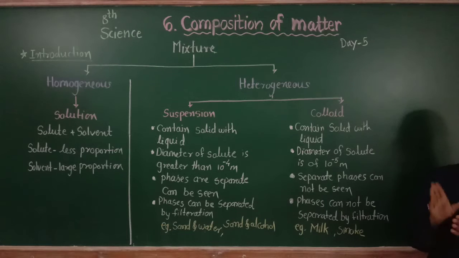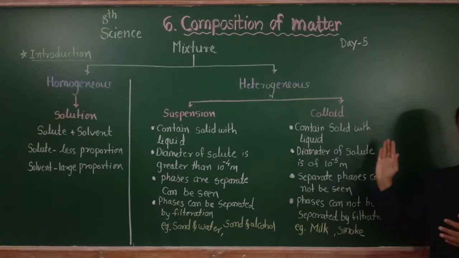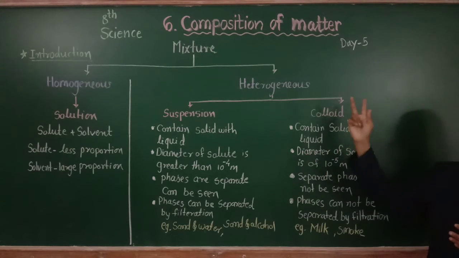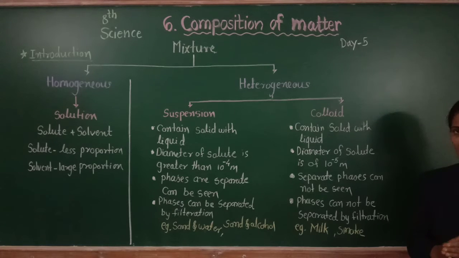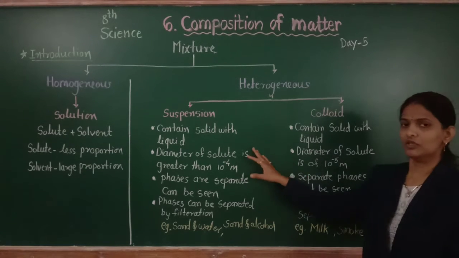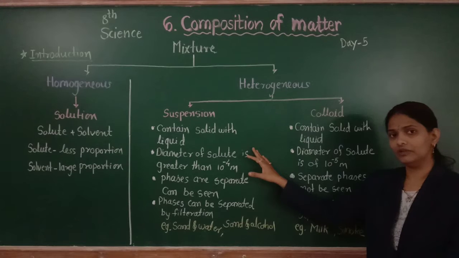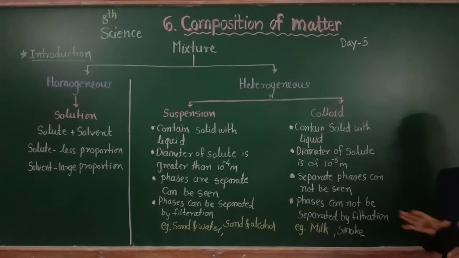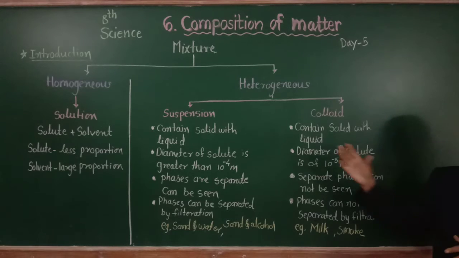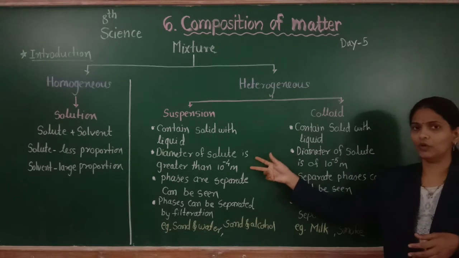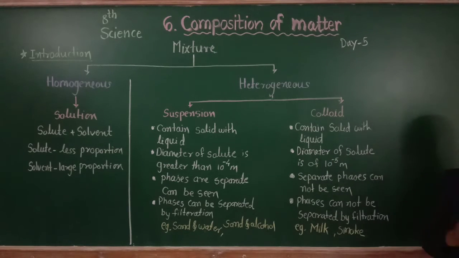Do you understand the difference between suspension and colloid? Both are types of heterogeneous mixture. In both, the solute does not dissolve in the solvent. Each contains two or more phases.